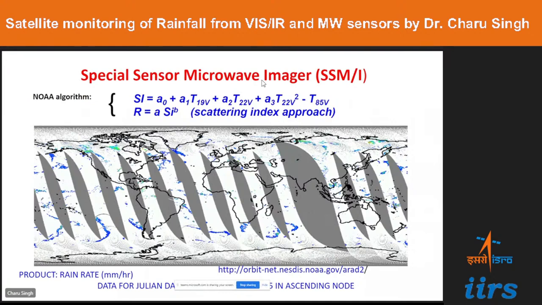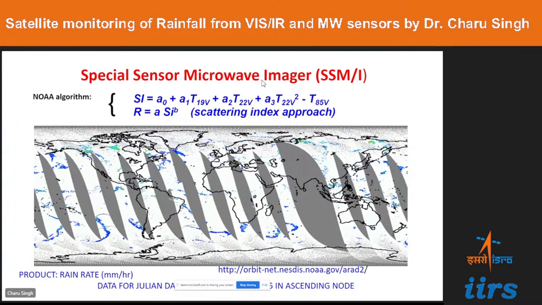These are region specific coefficients because rain bearing systems from place to place are also different. So the same coefficients cannot be used for all locations across the globe. So particularly we need to develop a regional algorithm, and then we can estimate A0, A1, A2, A3 for the estimation of the scattering index, and thereafter the coefficients A and B using the multiple regression technique.